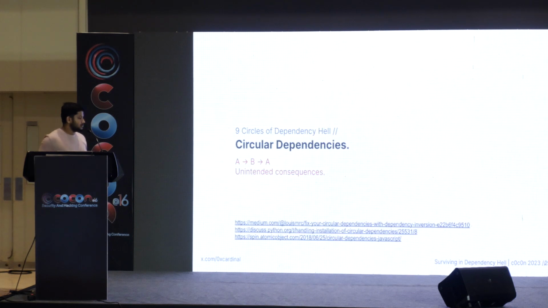Then circular dependencies. I'll give you a funny example. In npm, there's a package that tells you if a number is odd or not. Then there's another package which says if it is even, and what it does is it calls the isOdd package, and if that output is not true, then it tells you it's even.